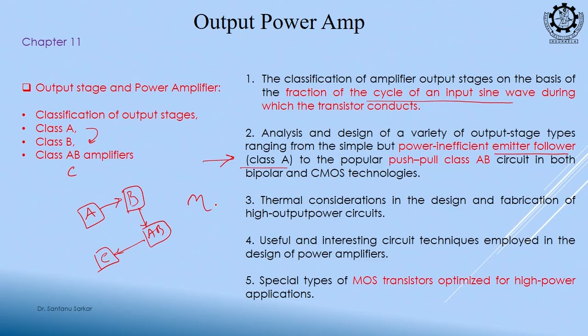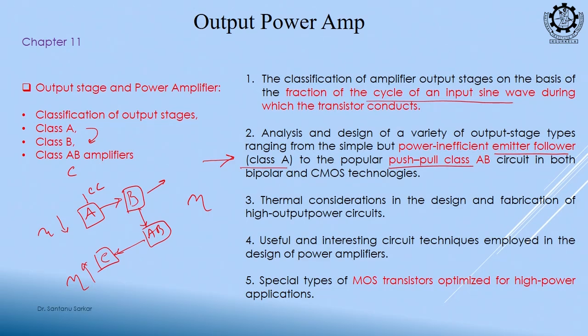Here the efficiency is maximum and here the efficiency is minimum, that we will check. So, this is one reason. B type is push pull type of circuit, that we will see.